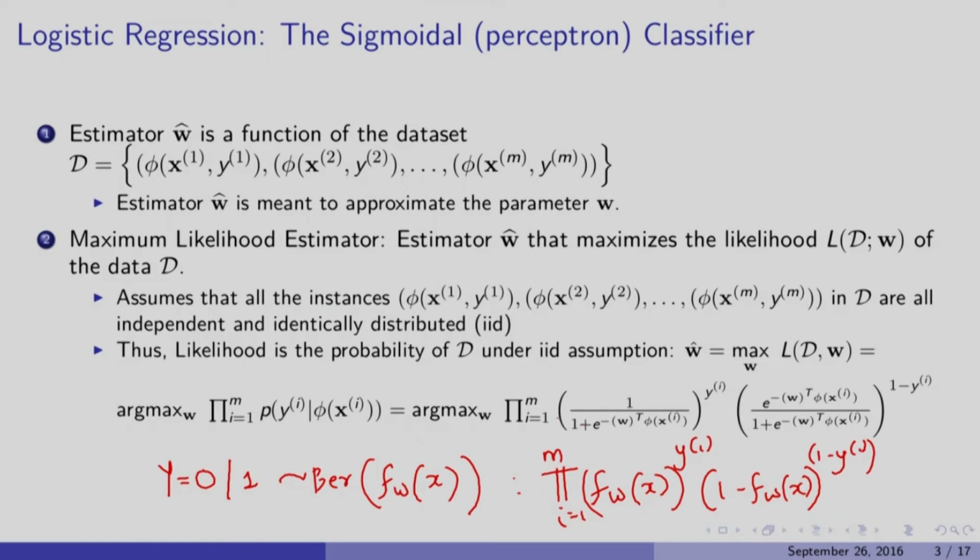So substituting for these values, we get the expression shown above. So this overall is the likelihood.